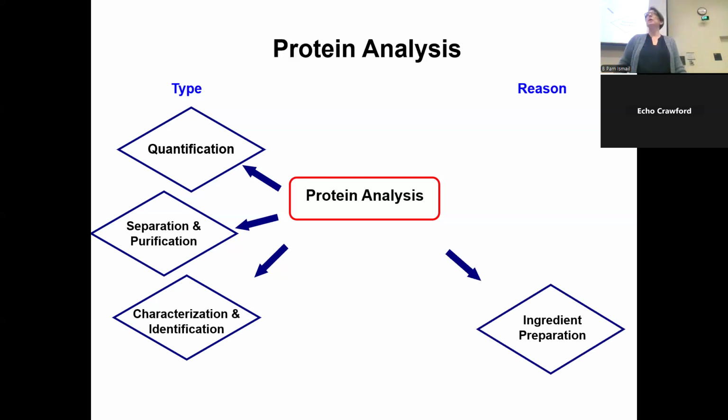So ingredient preparation. We're going to talk about a lot of different methods to isolate proteins, mostly using membranes, and also differences in solubility, as different ways to get the proteins isolated.